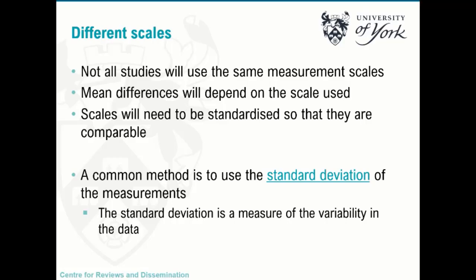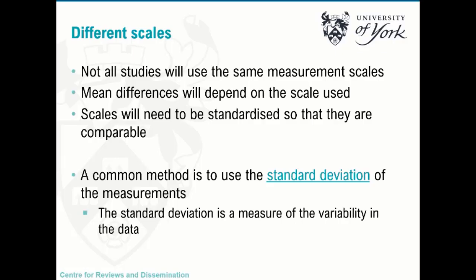However, an important thing to keep in mind is that not all studies use the same measurement scales, and mean differences depend on the scales used. So in order to make values comparable, the scale must be standardized. One common method is to use the standard deviation of measurements to calculate the standardized mean difference.